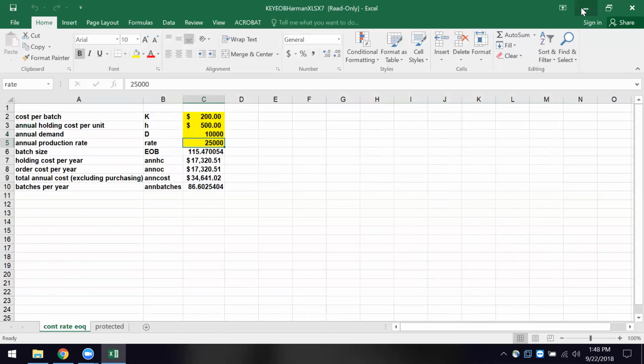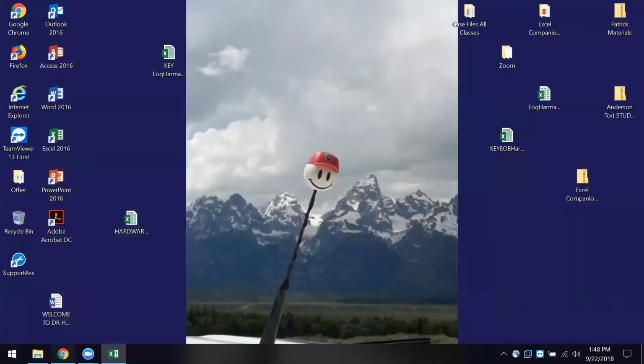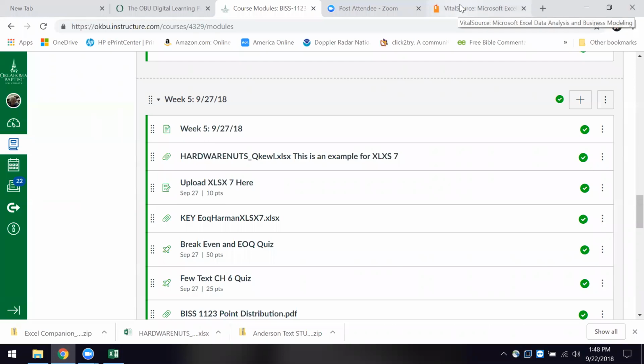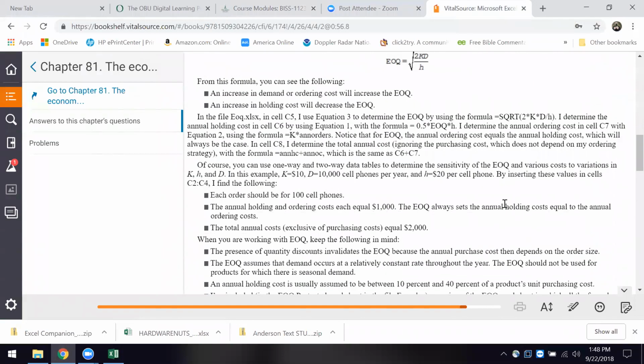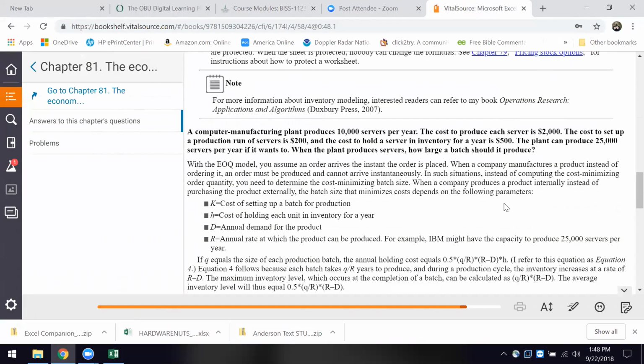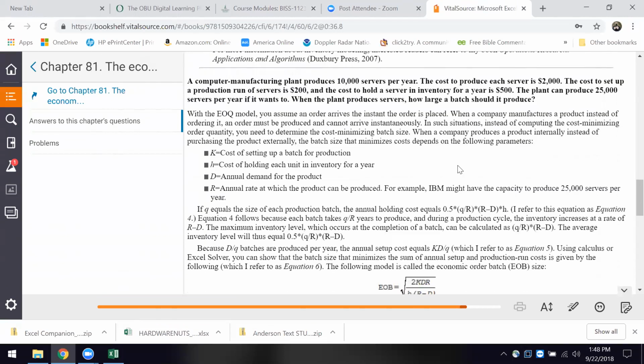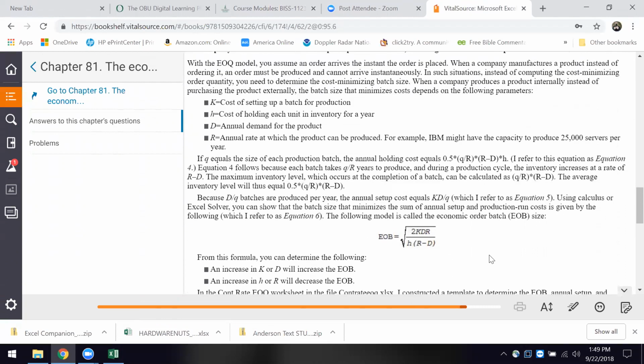Now, let's go here for just a moment and we'll go back up. I'm going to go back over here to Vital Source and we'll look at this EOB. D is the annual demand, and then we have R, which is the annual rate at which the product can be produced. They give us an example of IBM, and then they walk us down to the EOB, and they'll give us an equation.